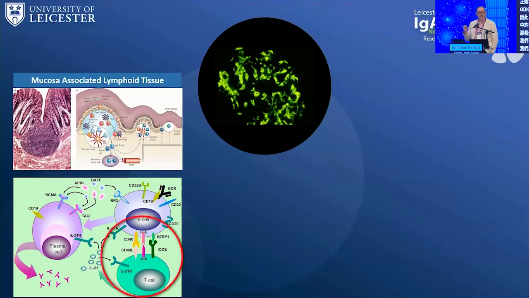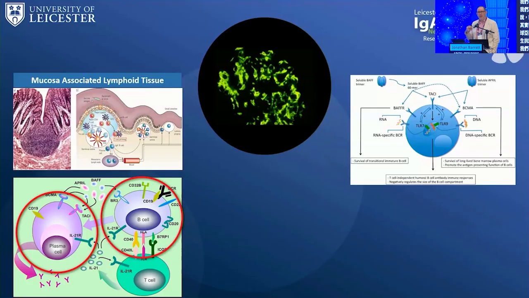We can target the T cells that provide co-stimulation to B cells to generate antibody. We could target the B cells themselves. Or we might target the plasma cells, the cells that ultimately terminally differentiate and generate immunoglobulin. All of those are potential targets.